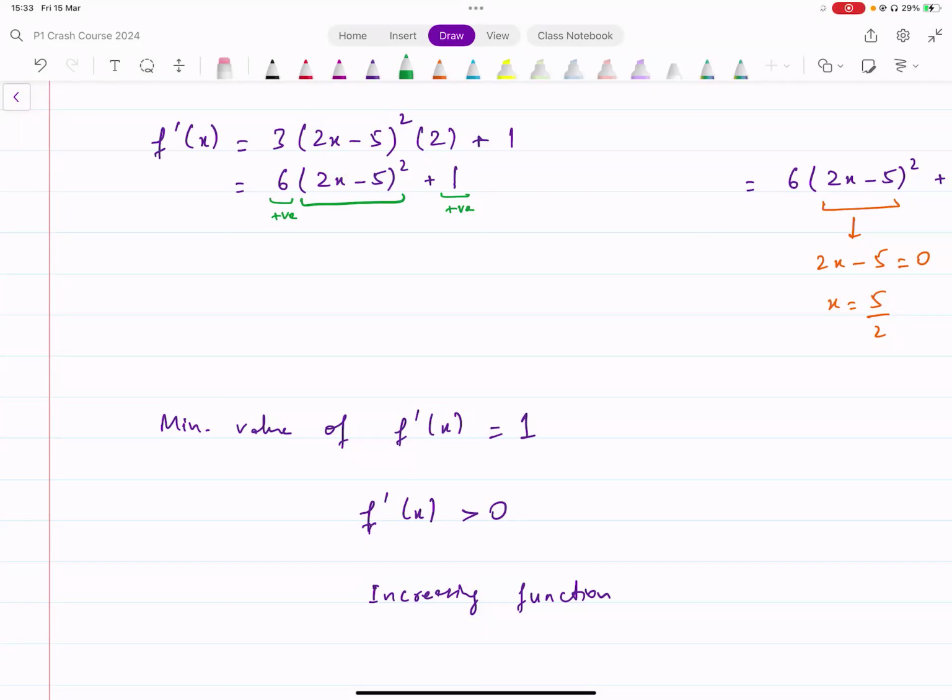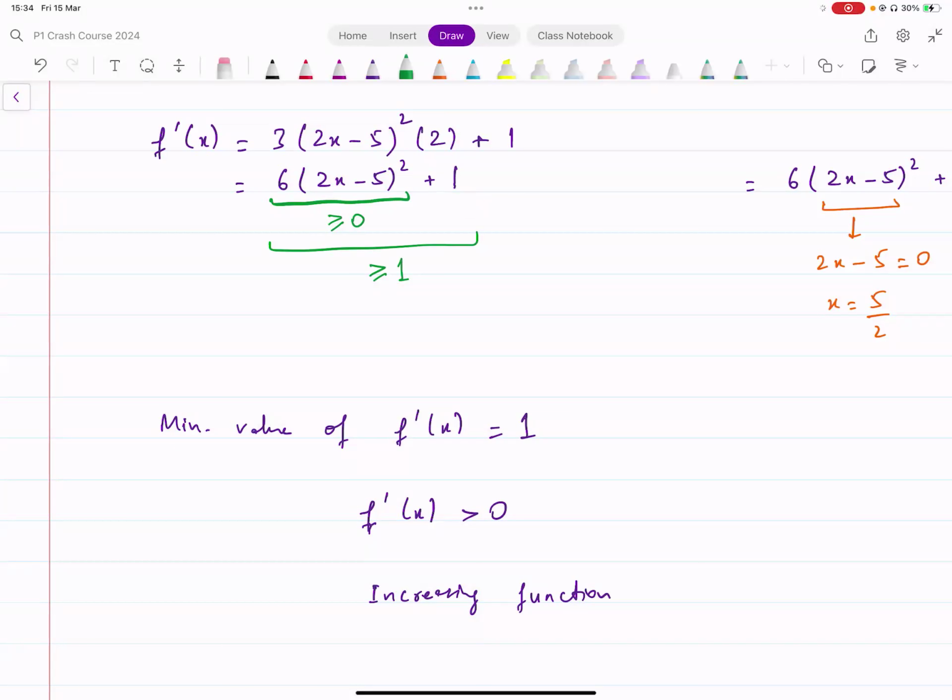The least value it can have is 0. So basically what that means is this whole thing is always going to be greater than or equal to 0. And then you have plus 1 outside, which makes this whole thing greater than or equal to 1.